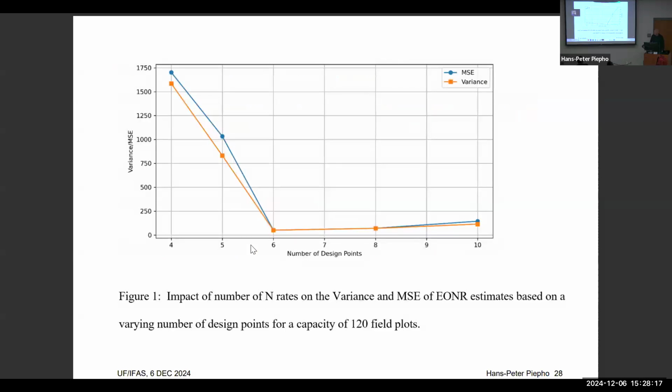So this provides a framework that allows us to make a choice based on a set of models that we're contemplating, putting them into this averaging framework, and then working out, first of all, for a given number of N values, where do we place the N rates? And we need to figure that out because we need the conditional optimum given the number of N levels that we want, so that we can then do the second step, and among those, by simulation, find out what the optimum is.